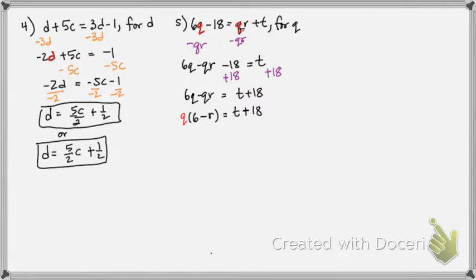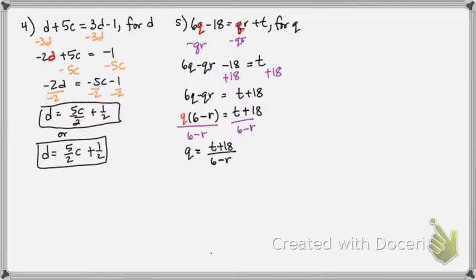So then the last thing I'm going to need to do is to divide both sides by that quantity, 6 minus r. And we get q is equal to 2 plus 18 over 6 minus r.